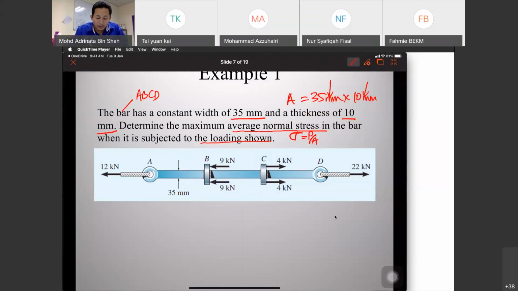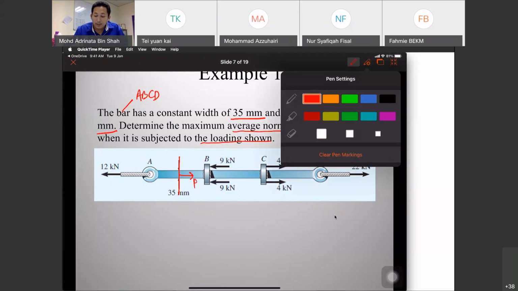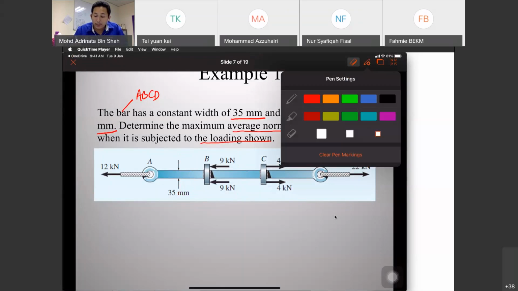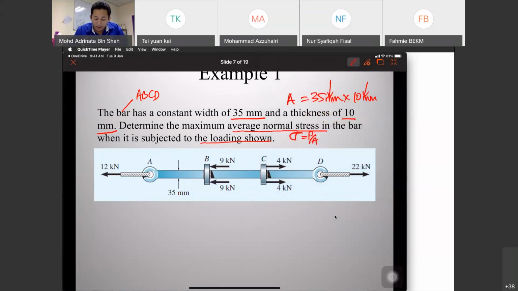So, kita potong sini, kita akan dapat P kat sini lah. Kemudian kita potong dekat sini untuk kita dapat P dekat B berapa. Okay.